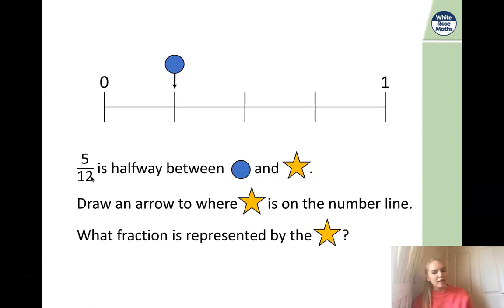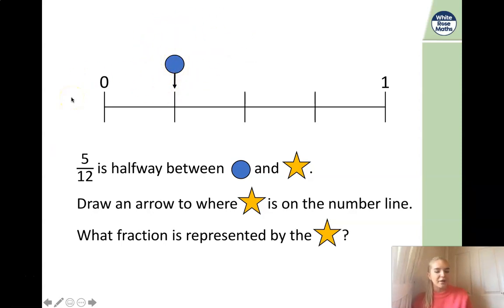And then we need to work out, well, what fraction is represented by the star? Now, using this fraction, you will need to split this number line into 12ths. So then you can work out where 5/12 is and work out where the star is, knowing that 5/12 is halfway between the two shapes.